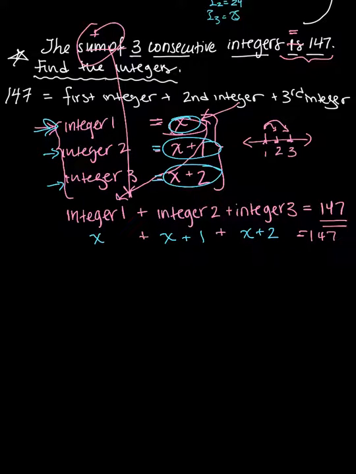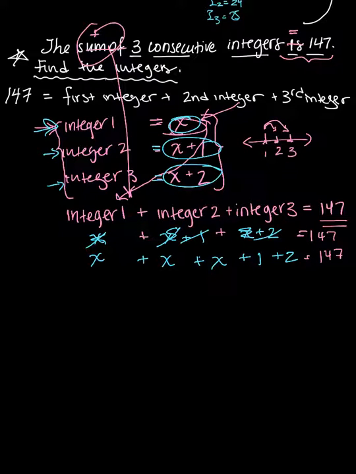Cool. Now I know what I can do, because based off of last night's lesson, I know I can add like terms. I'm going to rewrite first. So I have x. I got that one. Plus x. I got that one. Plus x. Got this one. All right, I got all of my x's. Plus 1 plus 2. And all of that has to equal 147.